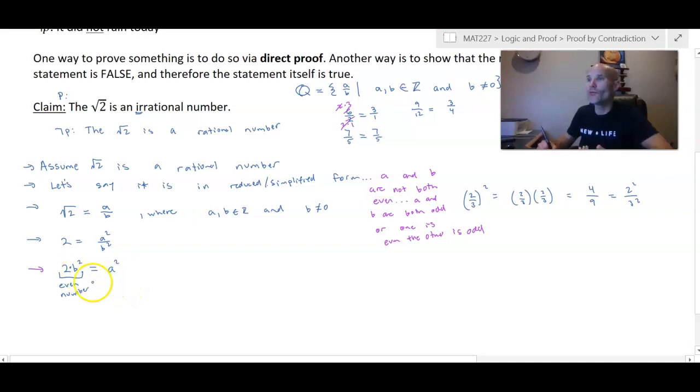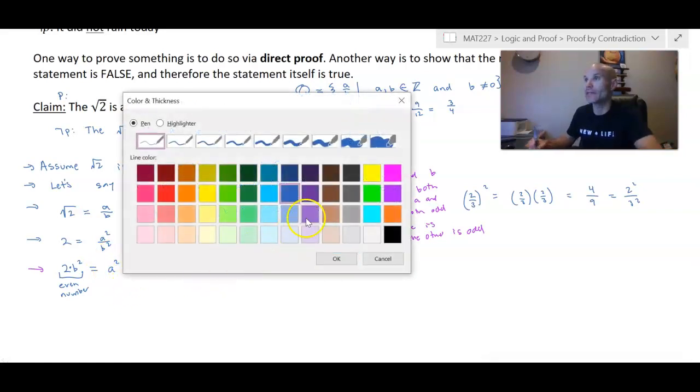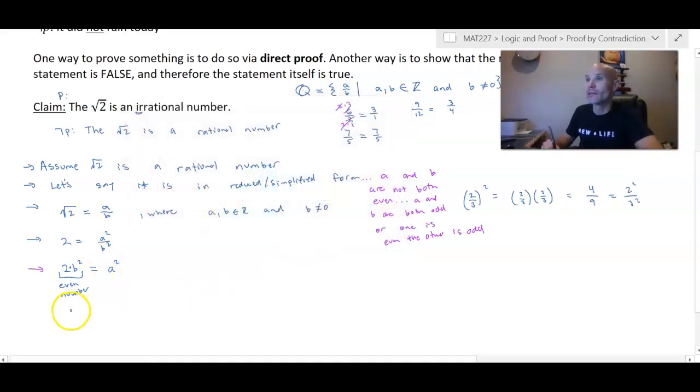Well, the only way 2 things can be equal to each other is for them to be the same number, and that must mean that a squared itself must be even also. So I'm going to write this out. 2 times b squared is an even number, or an even integer.